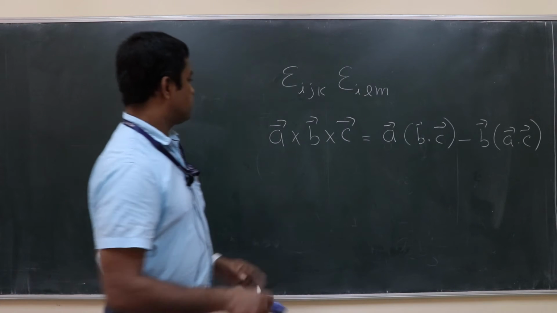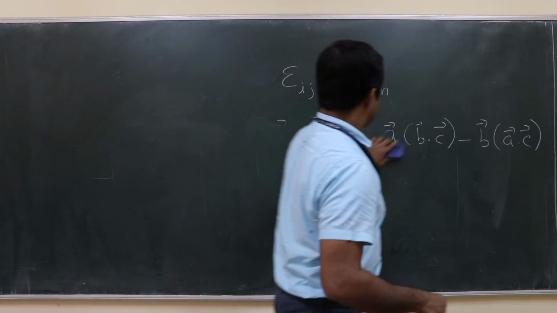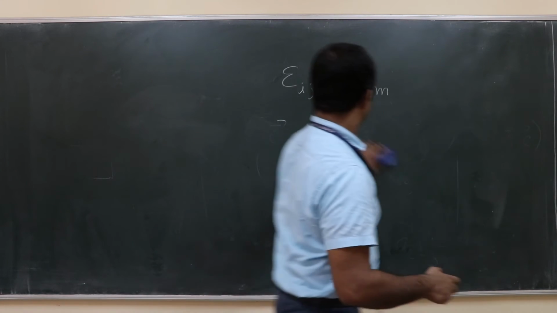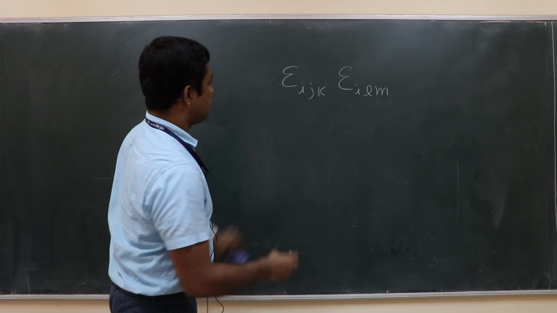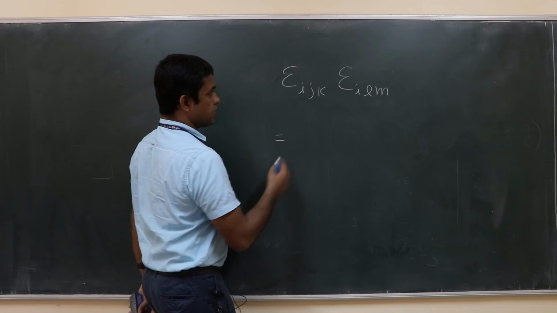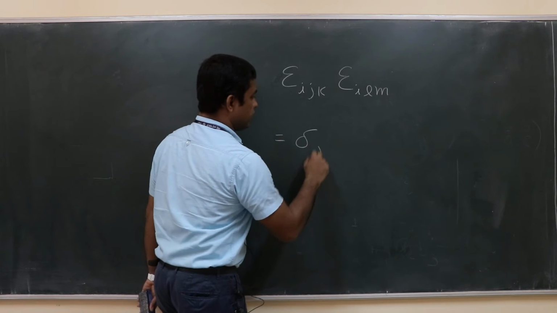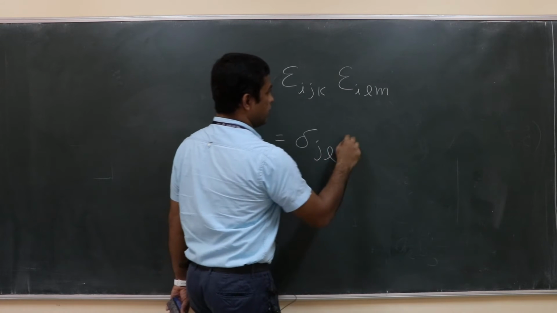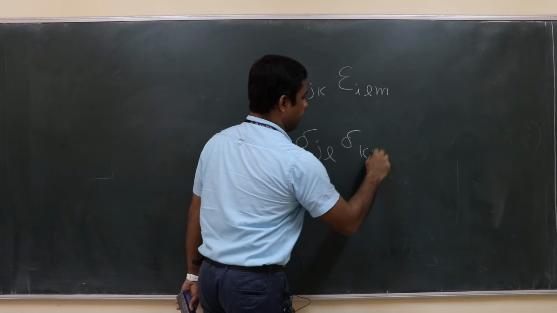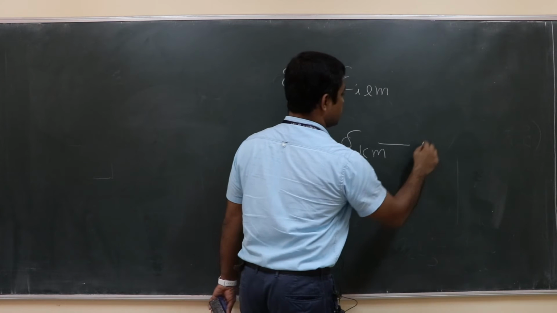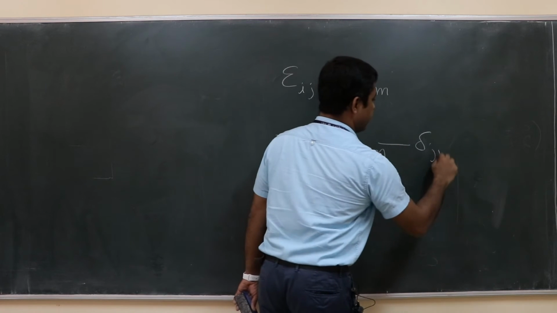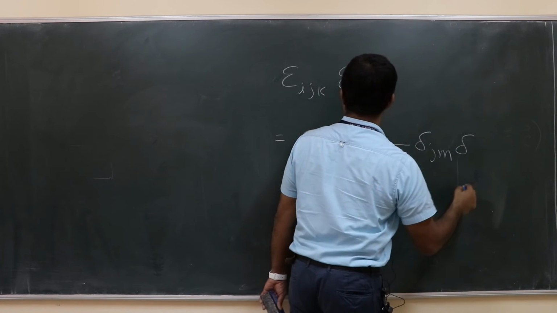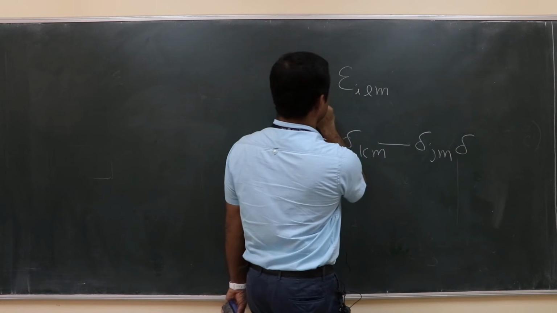Okay, so let us see. I can write this as delta JL delta KM minus delta JM delta KL.